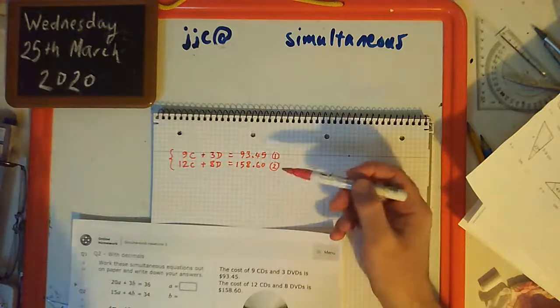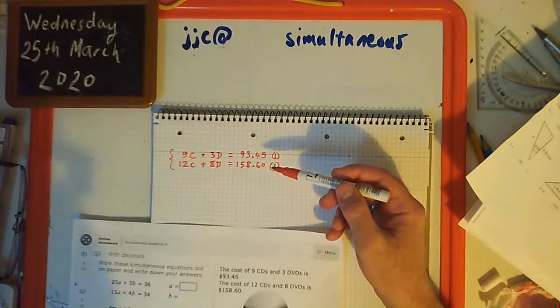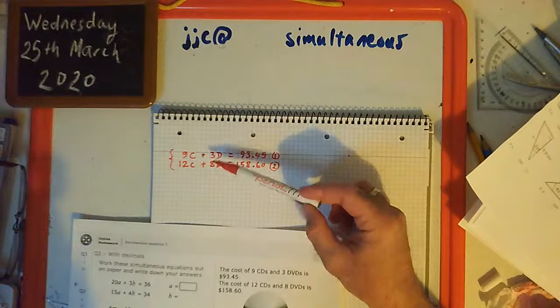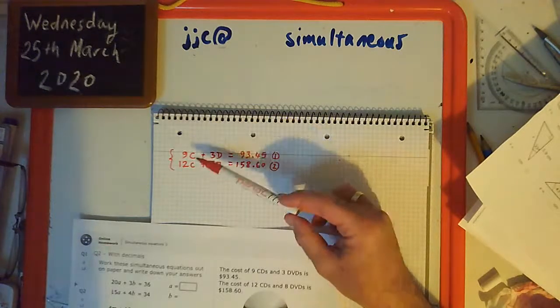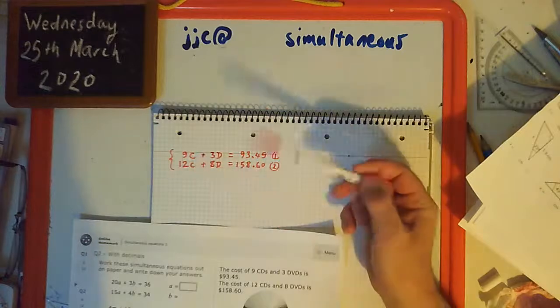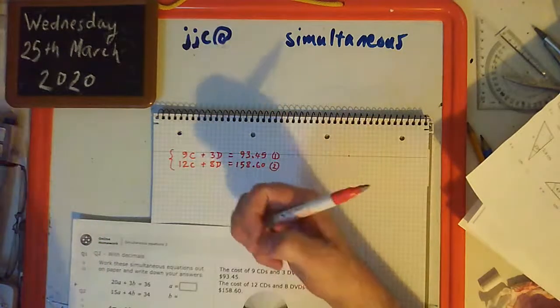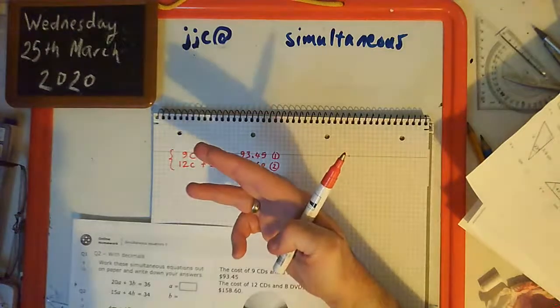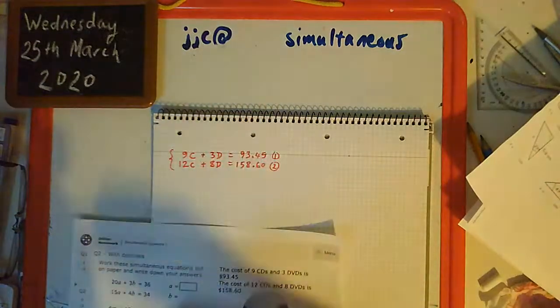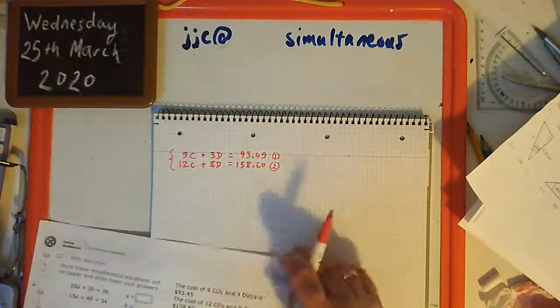Okay, so I've just got 2 simultaneous equations and I'm going to solve them. So 8 and 3 both go into 24. What do 12 and 9 both go into? Let's just count some 9s. 9, 18, 27, 36. So 9 and 12 both go into 36.